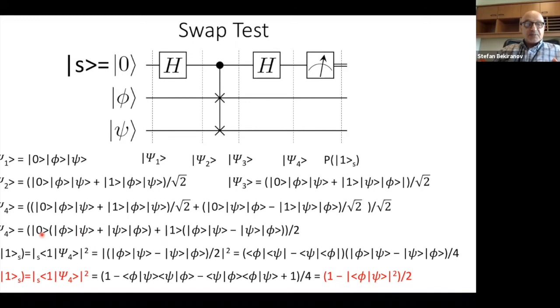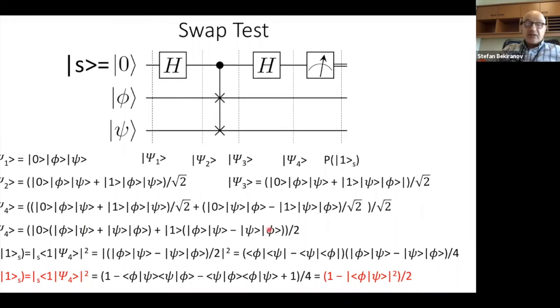And so when the dust settles, this psi4 state can be written as having the swapper qubit 0 with this state and the swapper qubit 1 with this state. Now if you follow the instructions I gave you before on what a measurement means, it means I project the swapper qubit into state 1. I look for the inner product between 1 and this big psi4 state, and that's going to be perpendicular to the 0, so that gets wiped out completely.